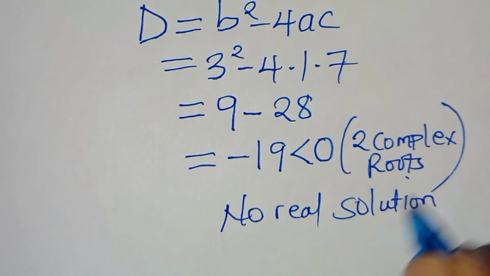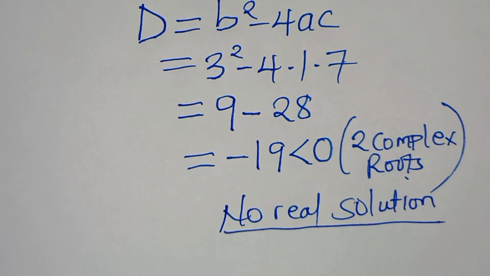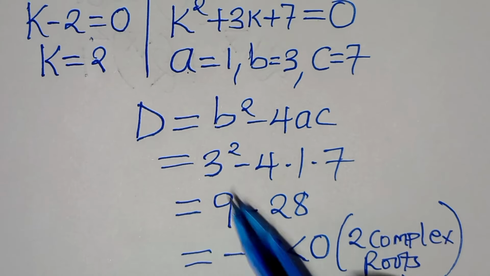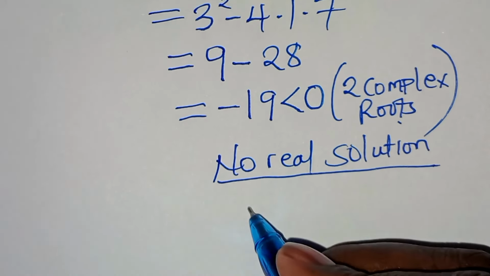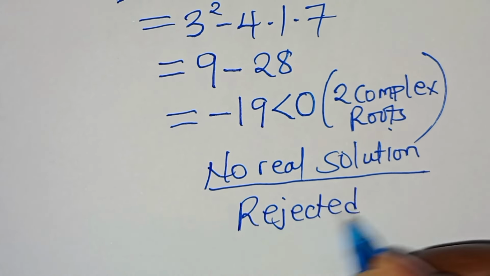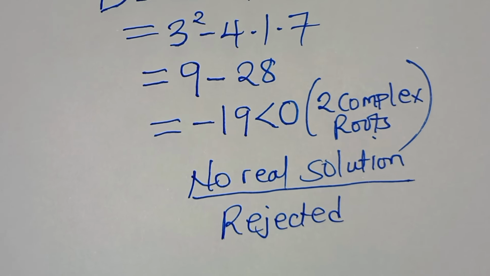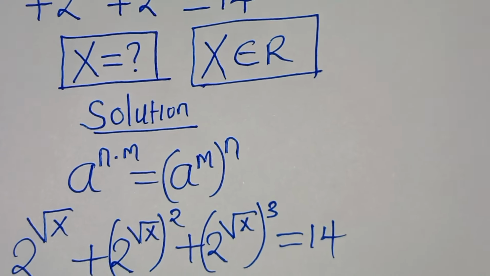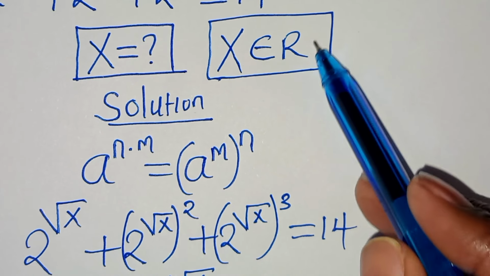So in other words, this quadratic equation is rejected, given that x here is an element of real numbers.